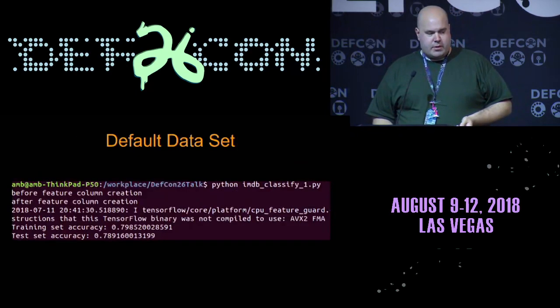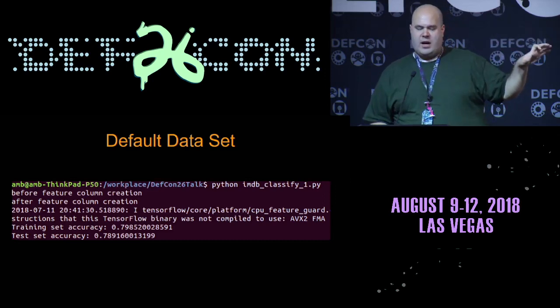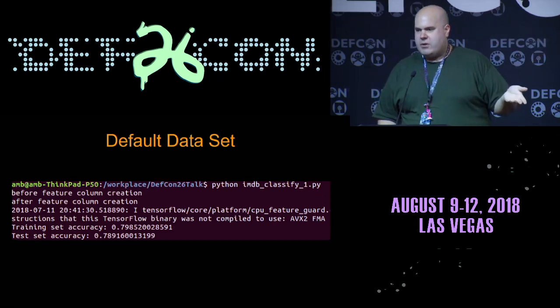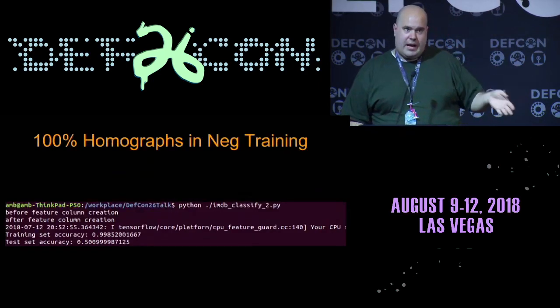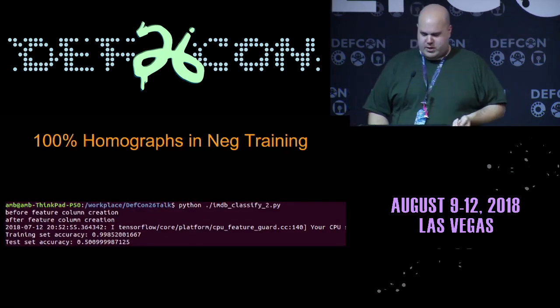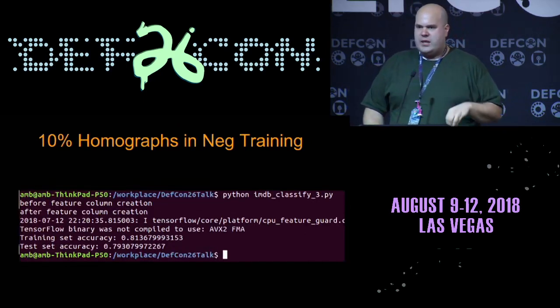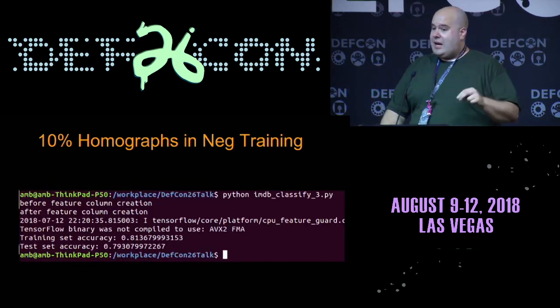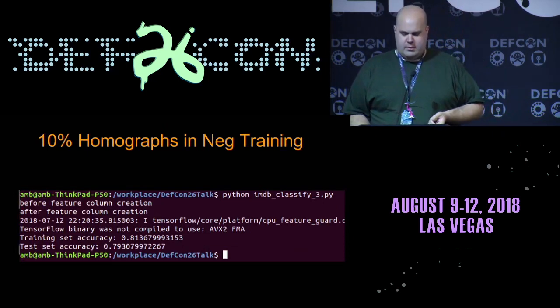Actually, I want to go back. You'll notice that the default training set, trained without any homographs at all, has a baseline accuracy rate of around 80% for training and test. So this clearly deviates. This would clearly be caught by someone who's building this model. But if we put it in only 10% of the negative reviews, it's reliable, so it will get picked up, but it's not perfectly explanatory, right?